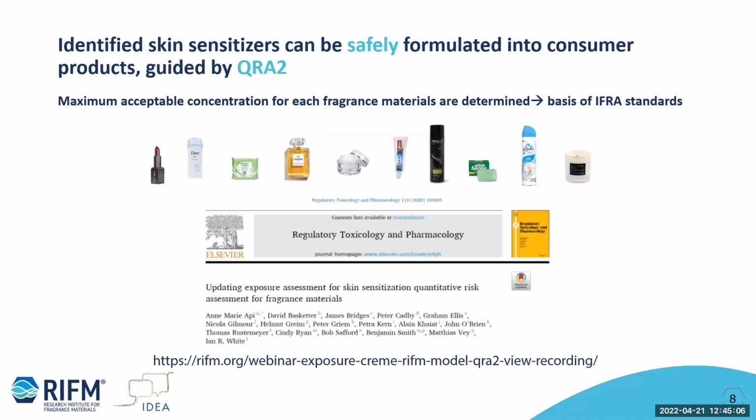For the materials that are identified as sensitizers, we conduct a quantitative risk assessment to calculate the maximum acceptable concentration that can be used in different product types. Anne-Marie from RIFM collaborated with others, including the group called IDEA, International Dialogue for the Evaluation of Allergens, to publish the quantitative risk assessment method, which incorporates aggregate exposure and the appropriate safety assessment factors to provide the maximum acceptable concentration of sensitizing fragrance materials.